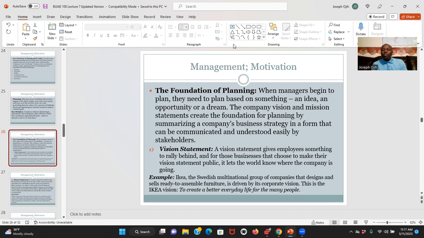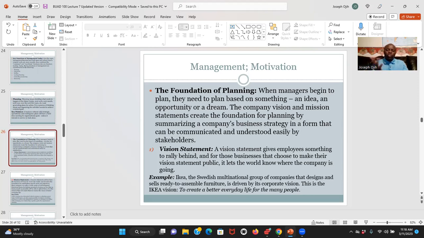Companies often summarize that opportunity in the form of their company's vision and mission statements. This vision and mission statement creates the foundation for planning by summarizing the company's business strategy in a form that can be communicated and understood by the stakeholders.